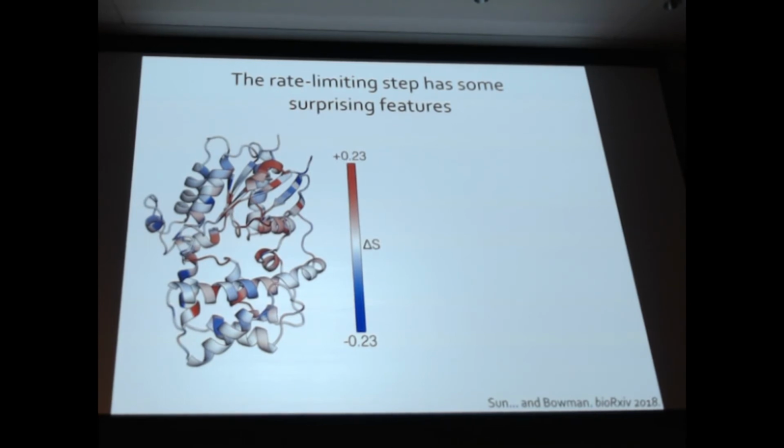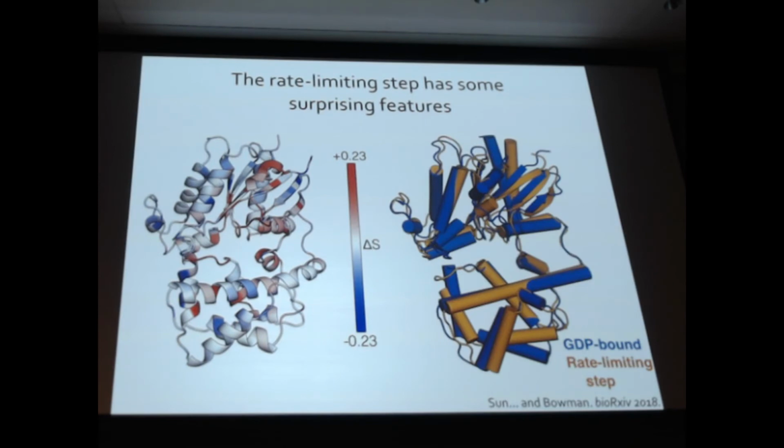And if we start looking at the structures, this also reveals some interesting differences from the general conventional wisdom in the literature. Here I'm showing an overlay between the GDP bound state in blue and what we think is the rate limiting step for GDP release in orange. You can see a couple of interesting features. One is that the domains have only opened a little bit, right? So it doesn't take that much room.